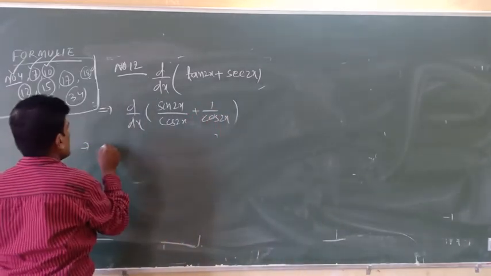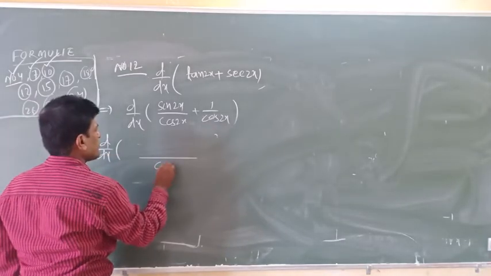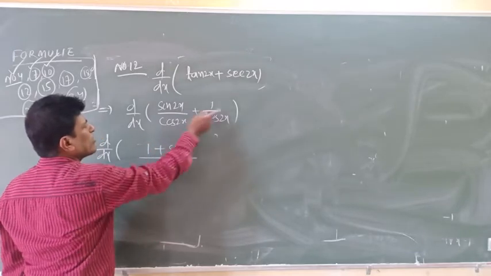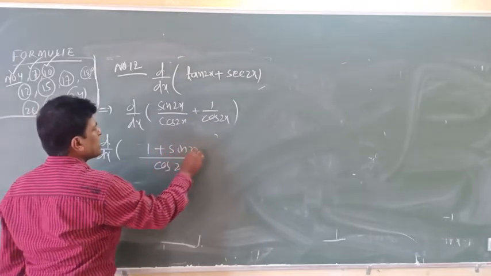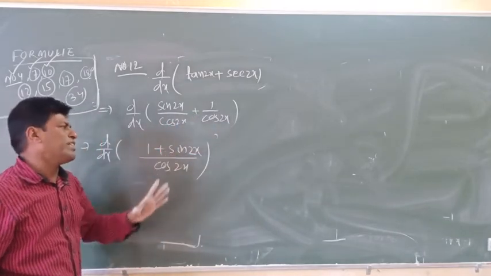That becomes d by dx of, the LCM is cos 2x, (1 plus sin 2x) divided by cos 2x. You can write it as sin 2x plus 1, the same as 1 plus sin 2x.